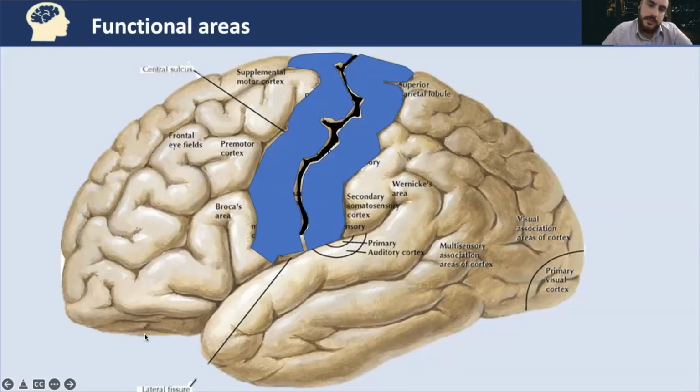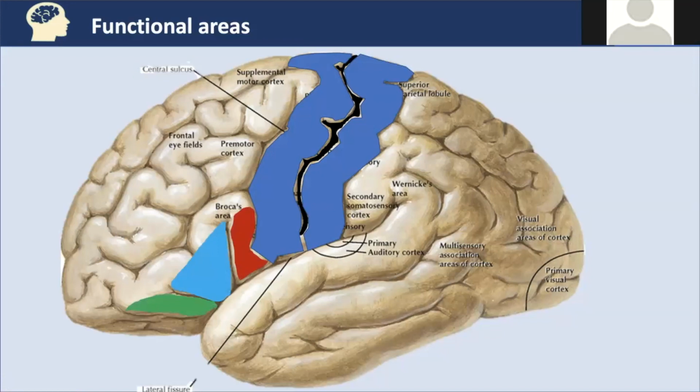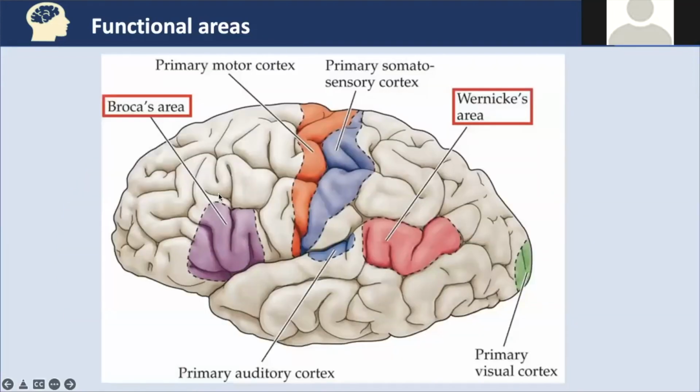That's the most inferior surface. This is indeed a medial surface, pure medial. This is pars orbitalis. This is pars triangularis. This is pars opercularis.